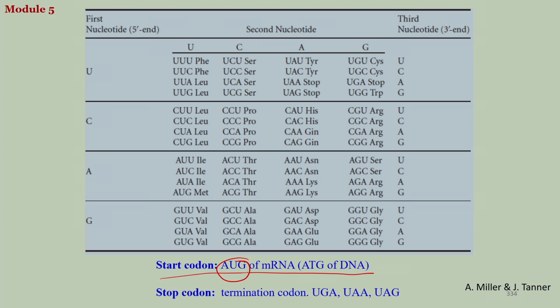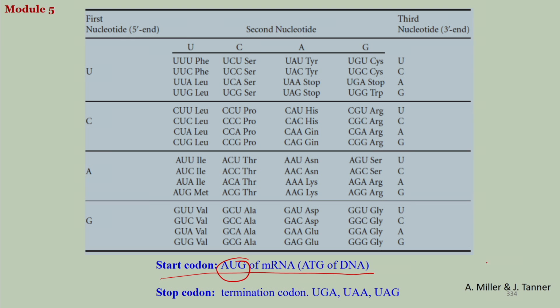So, the mRNA sequence will have the sequence AUG, and that is the start codon. So, the anticodon tRNA which will come and hybridize here would always carry a methionine there.